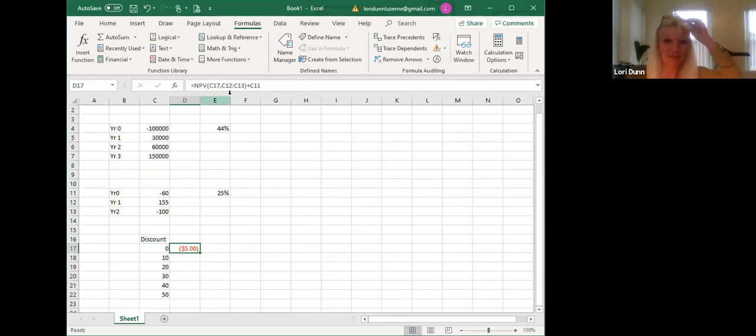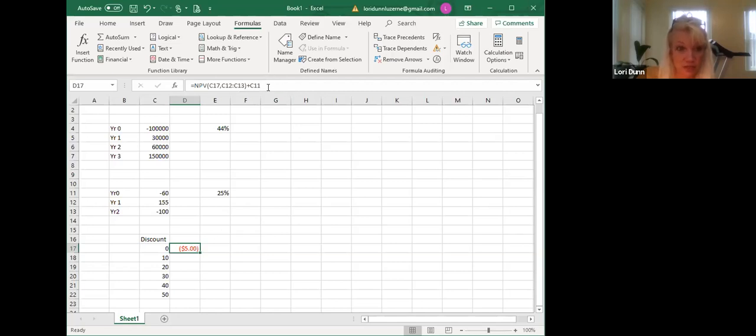So the net present value calculation, you take your discount rate, which mine's in C17, your cash flows in the future, not your initial cash flow. So it's C12 and C13 only. Close your parenthesis. And then on the outside of the parenthesis, put your year 0 initial cash outflow, C11.